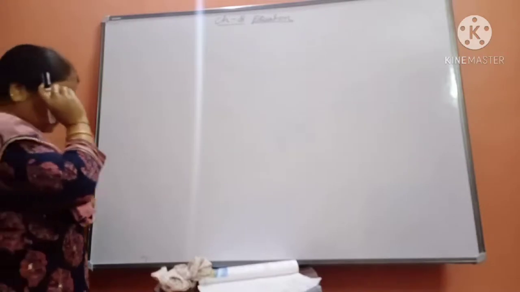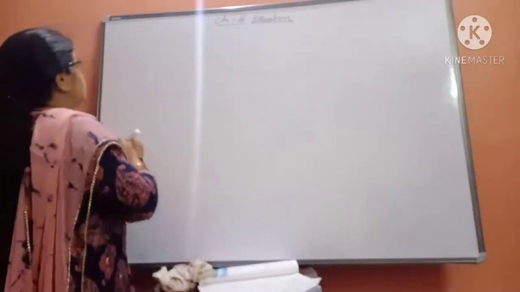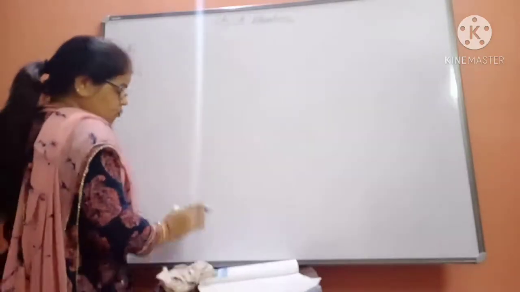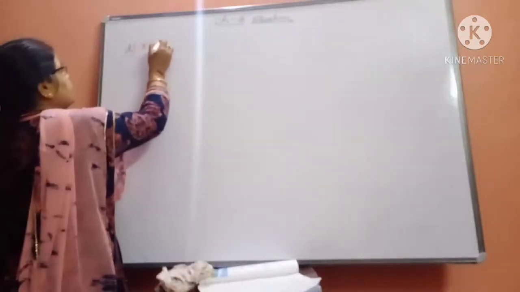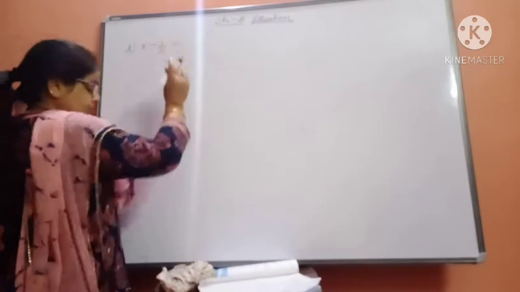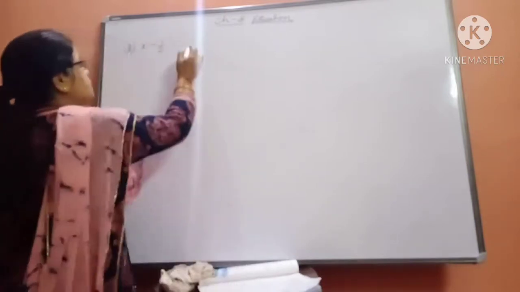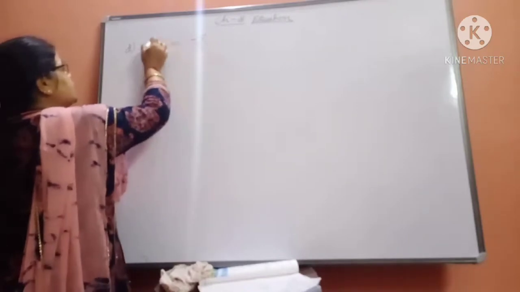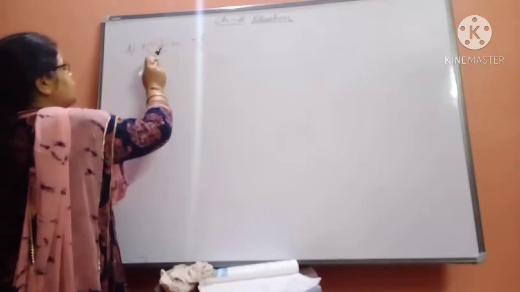Okay beta, now come to the D part of the question. That is x minus 1 upon 2 is equal to minus 5 upon 3. Now beta, here minus 1 upon 2 is there. So we have to do the opposite operation.